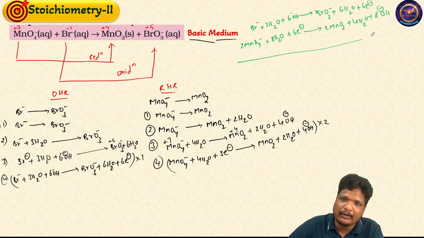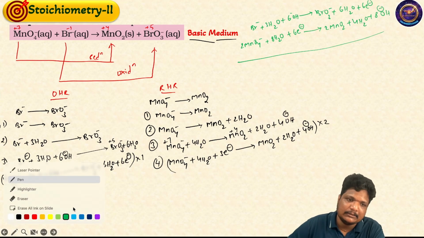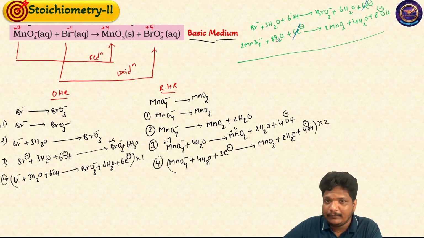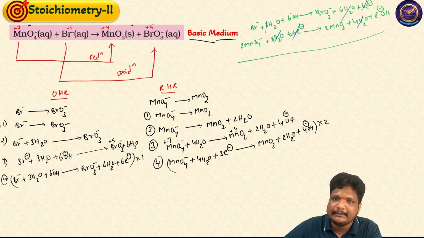Now you have to add these two reactions. By adding them, the 6 electrons will be cancelled out. 8H2O and 3H2O, total we have 11H2O on the left, and on the right side we have 4H2O and 6H2O, total 10H2O, so I can cancel out 10, leaving H2O. And 6 OH minus on the left side, 8 OH minus on the right side, so I can cancel out 6, remaining 2 OH minus.